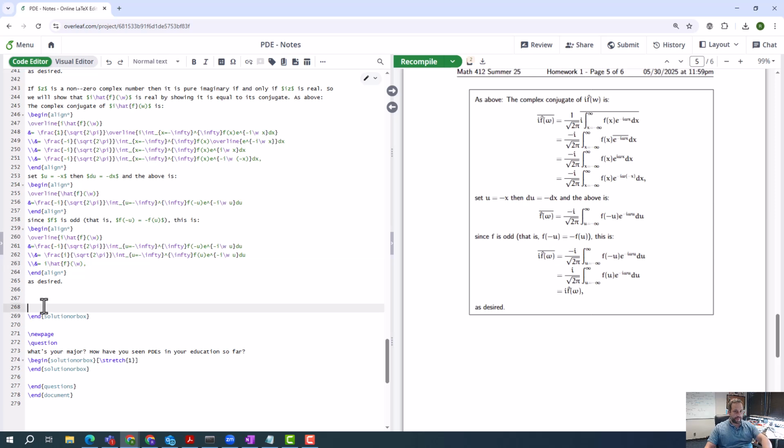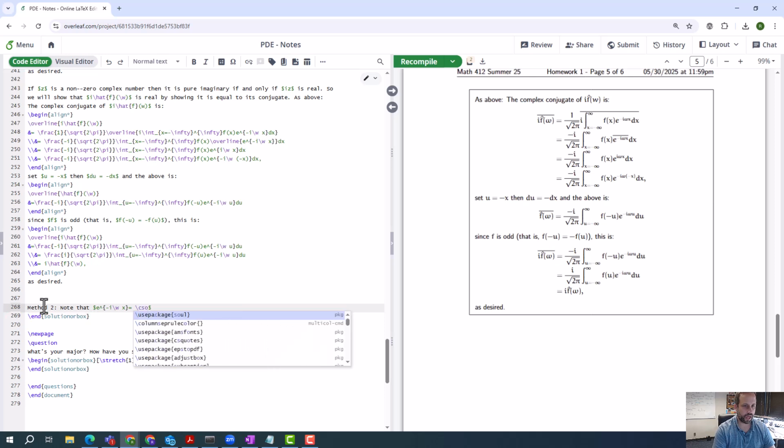I'm going to mention here another method. Note that e to the minus I omega x is equal to cosine of omega x plus I sine omega x.